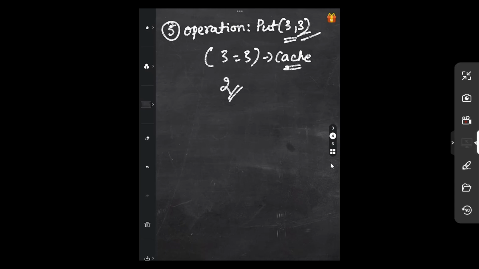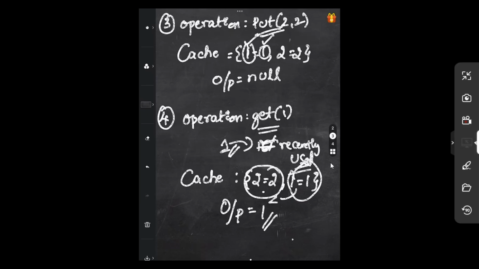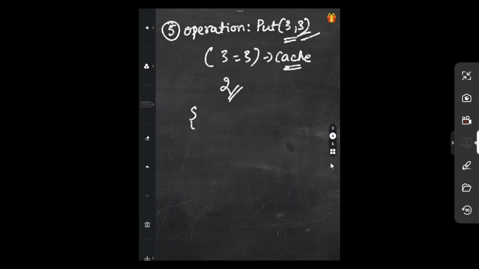The capacity was full, so we will be removing 2 comma 2, and now only 1 remains. So the cache after eviction will be 1 equals 1.